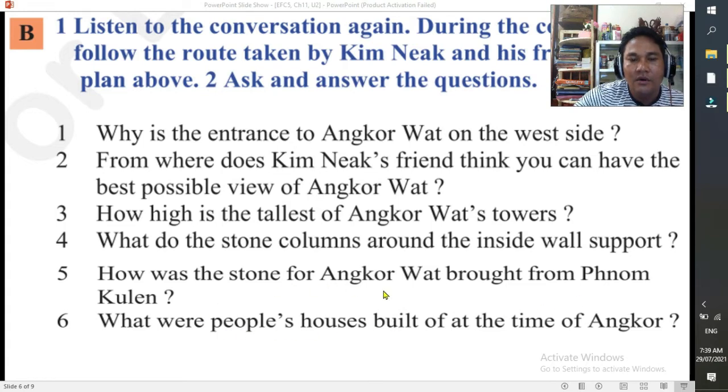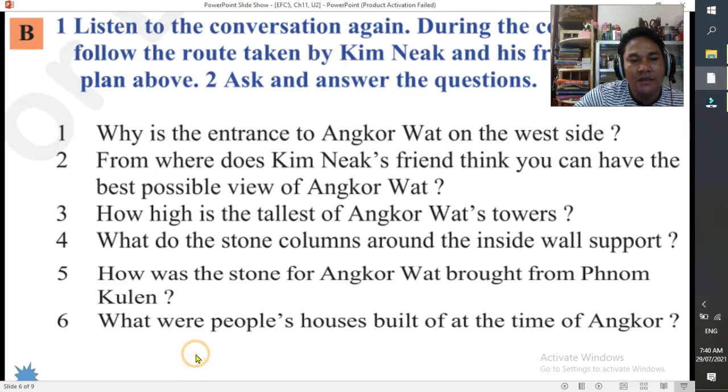What were people's houses built of at the time of Angkor? Okay, so in the conversation they also show you that you heard already.